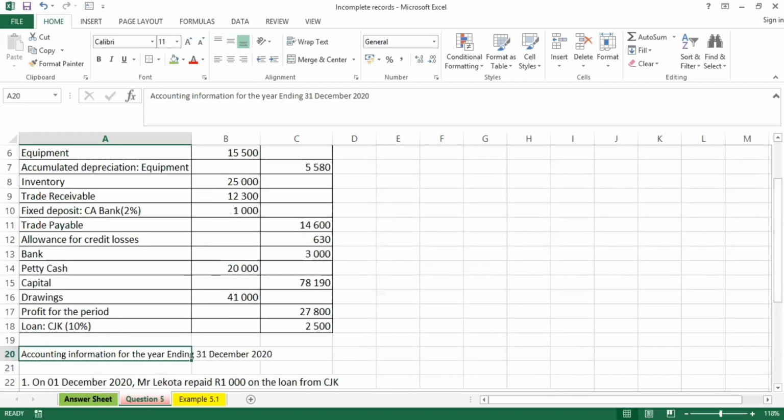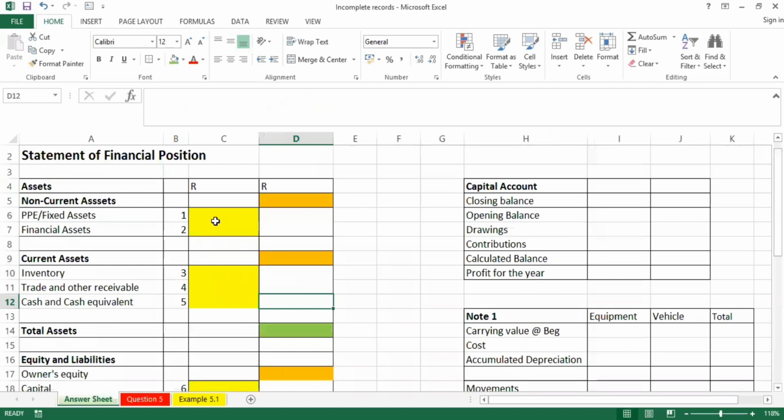We're going to go in order, from our non-current assets all the way until our total equity and liabilities. We'll start with our non-current asset, which is our PPE, meaning note number 1.